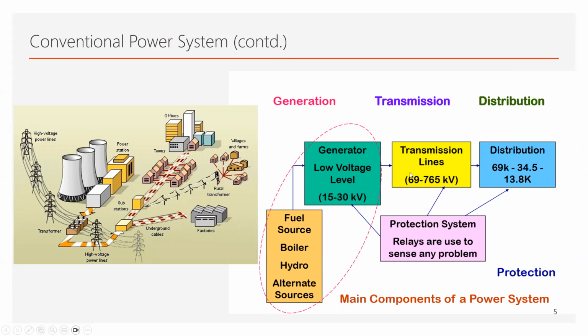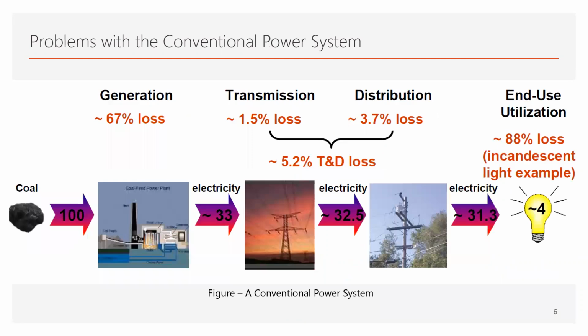How do we get that? We use transformers to uplift the voltage from that level to that level. This is another kind of energy conversion. We are using the same energy, but defining it at a different voltage level.